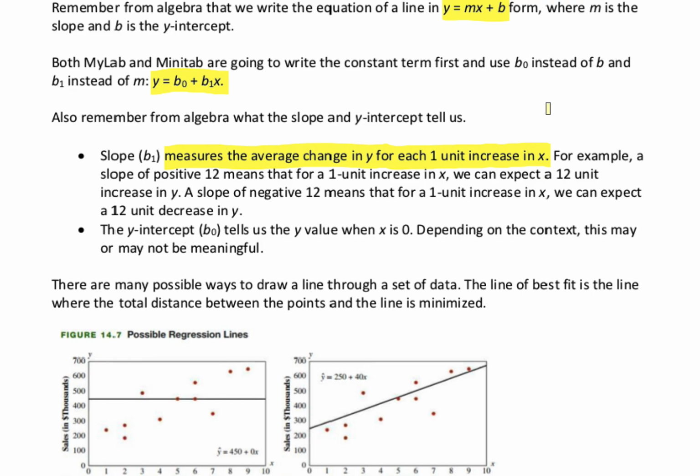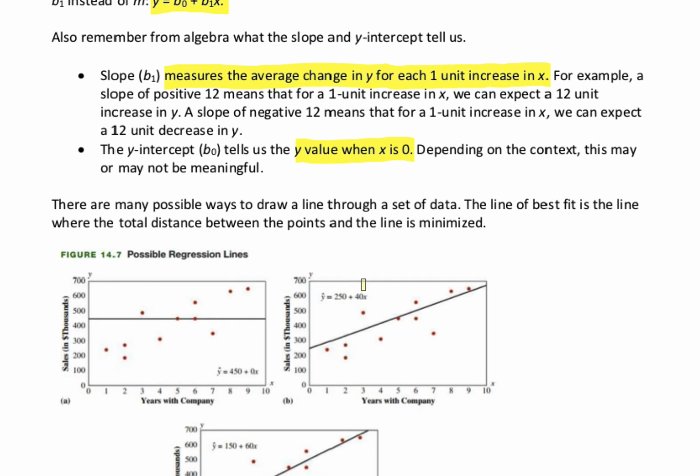A negative slope means that it decreases. So for each 1 unit increase in x, my y value will decrease 12 units. Y-intercept tells us the y value when x is 0. And depending on the context, this may or may not be meaningful. It just kind of depends on the situation.